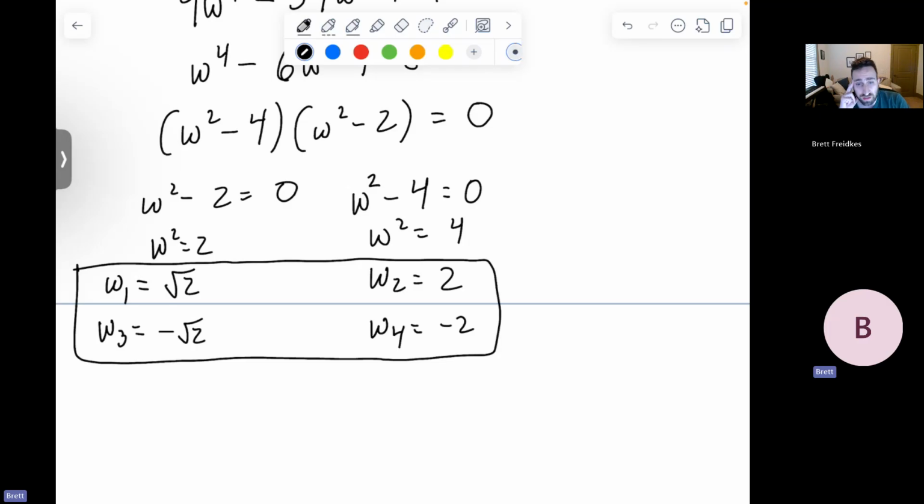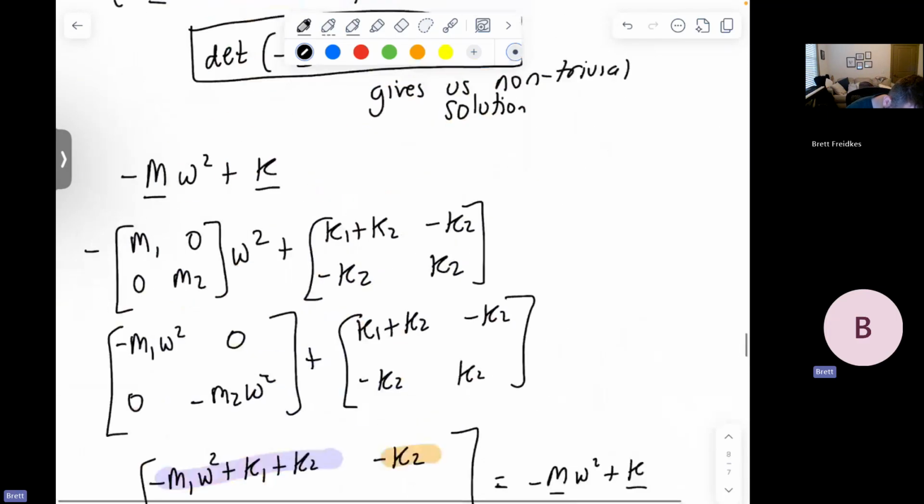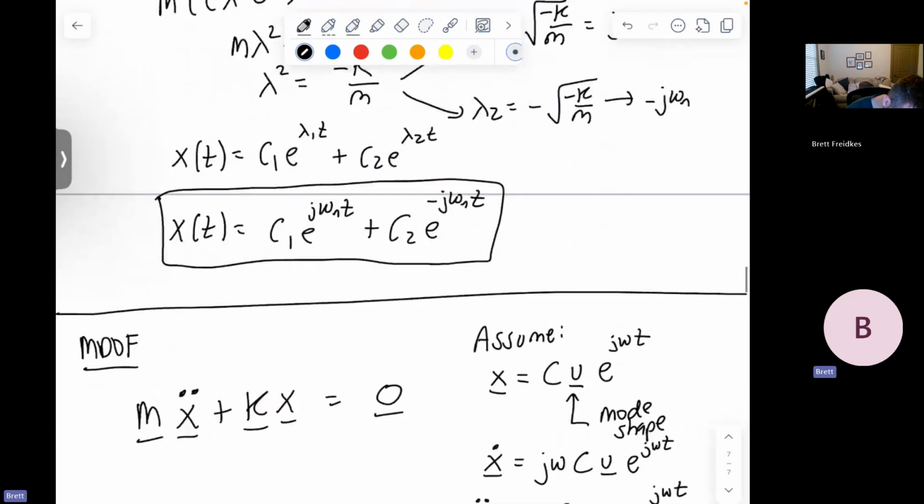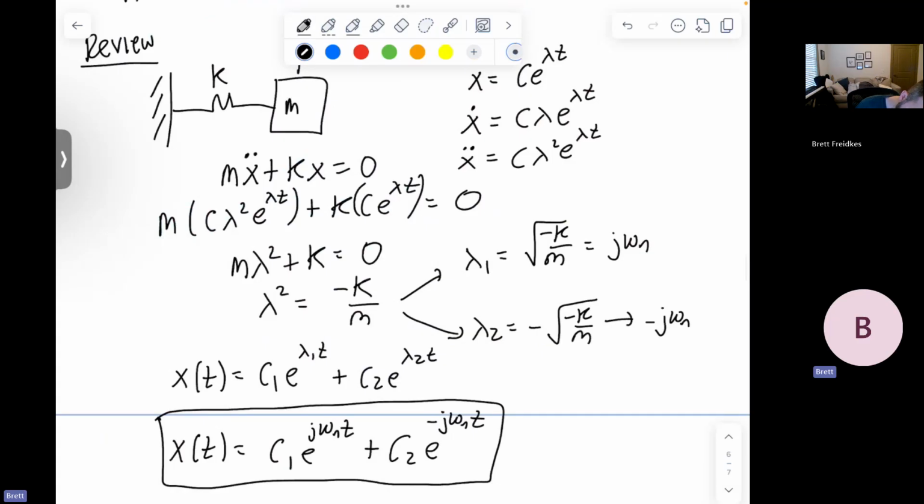In reality, only 2 of them are physical. The negative ones are needed for the total solution. If you come back up to our little review that we did before, we ended up with these 2 roots where one of them was negative. In this situation, we end up with j omega t and then negative j omega t. So even though that negative is not really a physical thing, it is required in the sense of finding the total solution.